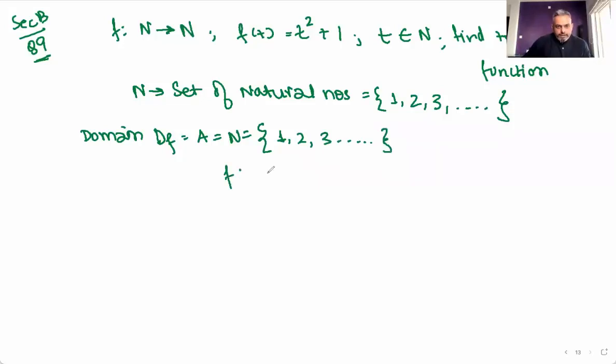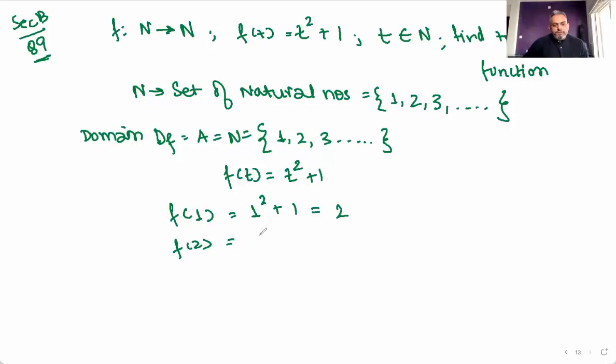F of t is equal to t square plus 1. So f of 1 is equal to 1 square plus 1, which is equal to 2. F of 2 is 2 square plus 1, which is 5. F of 3 is 3 square plus 1, which is equal to 10.